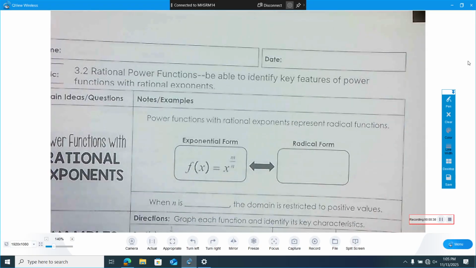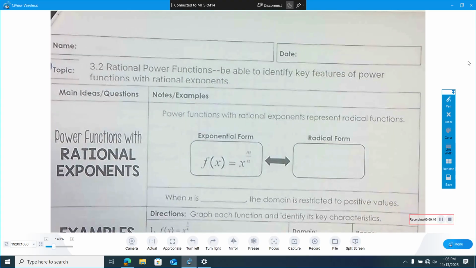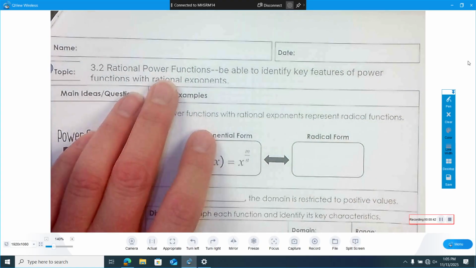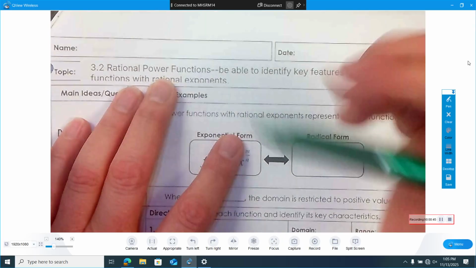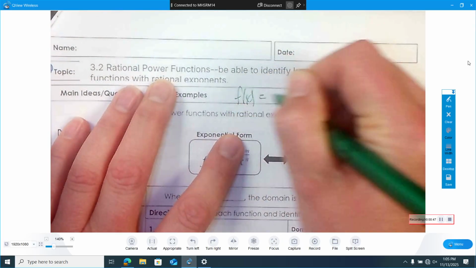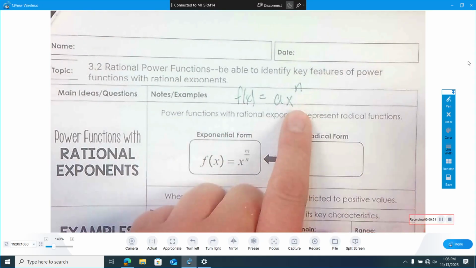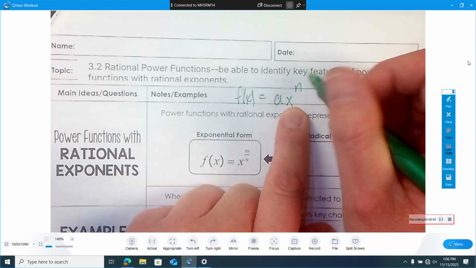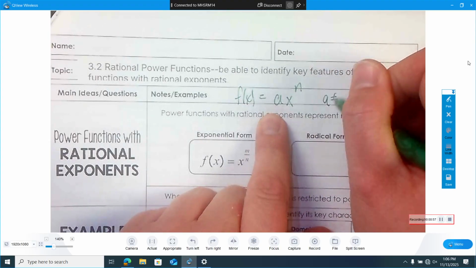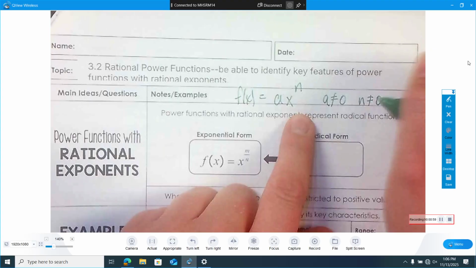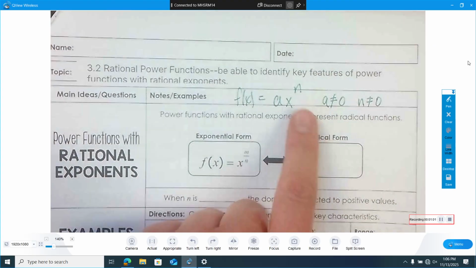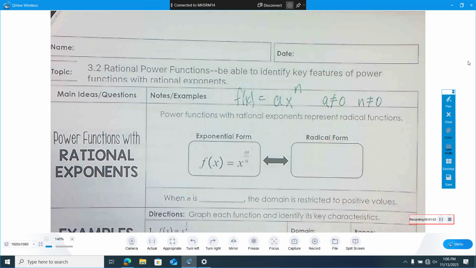Okay. So we're doing more of what we did yesterday. These are rational fractional power functions. Again, a power function was a function where there might be a number in front, but we have x to some power n, any power. As long as your a isn't 0 and the n is not 0, it's a power function, but that nth power can also be a fraction.